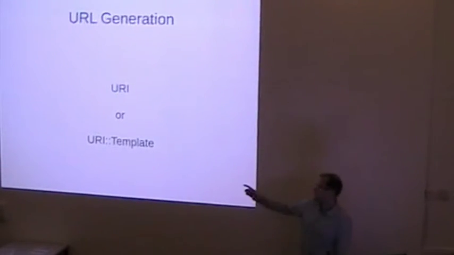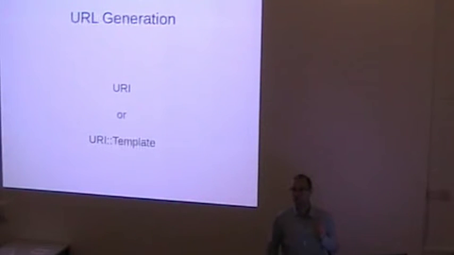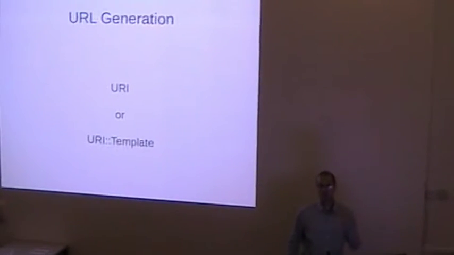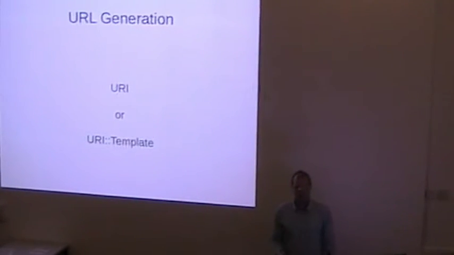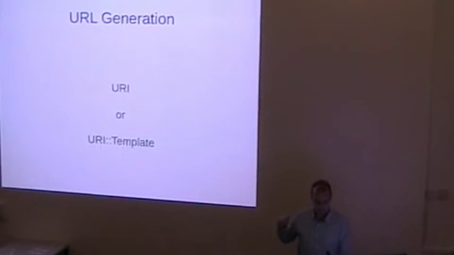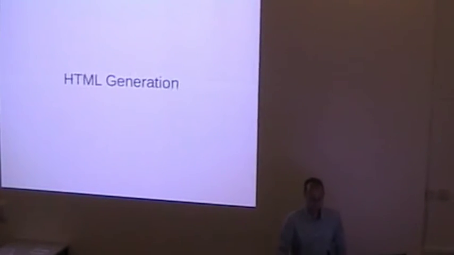I'd also like to recommend URI Template, which is based on an internet standard that's used in all sorts of languages, all sorts of places, not just Perl. For example, your web browser's search toolbar almost certainly uses the same standard, and URI Template is a Perl implementation of that, so check that out if you haven't seen it.